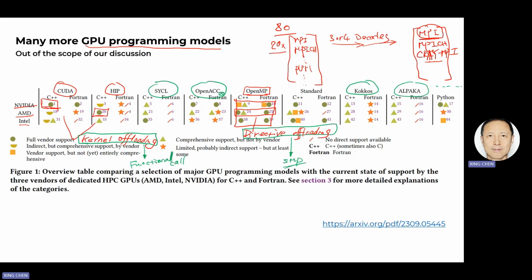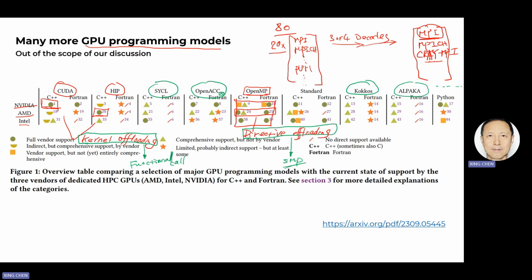So, okay, this is the end of this part. The last topic for this part is that we had a look at the marketplace, at how many standards are out there trying to be the final winner. This situation is quite similar to the MPI standard at its beginning in the 80s.